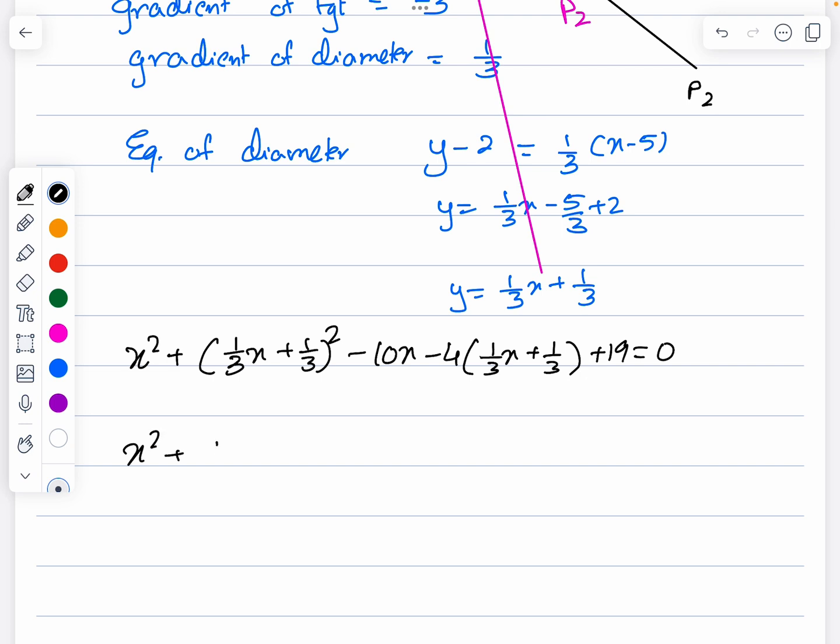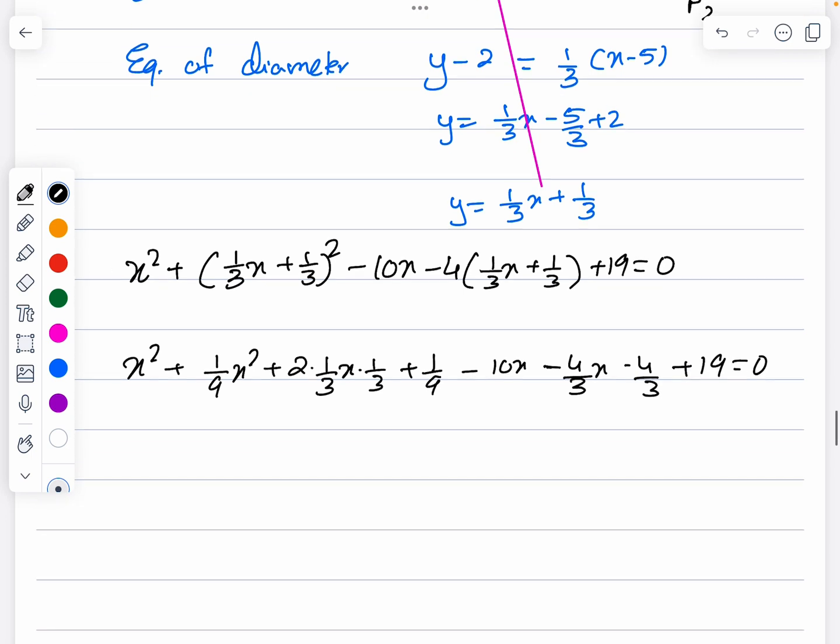So it becomes x square plus 1 upon 9x square plus 2 times 1 upon 3x times 1 upon 3 plus 1 upon 9, minus 10x minus 4 upon 3x minus 4 upon 3 plus 19 equals to 0. So what am I going to do? Multiply the entire equation with 9, so that I can get rid of the denominator.